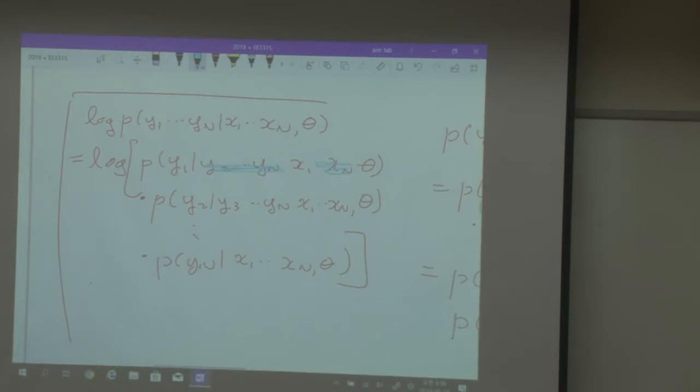Because y1 is independent, it's not looking at y2. It says, what was the label? What label did you get for x2? It's not asking that question. It's all independent. And what's left here?